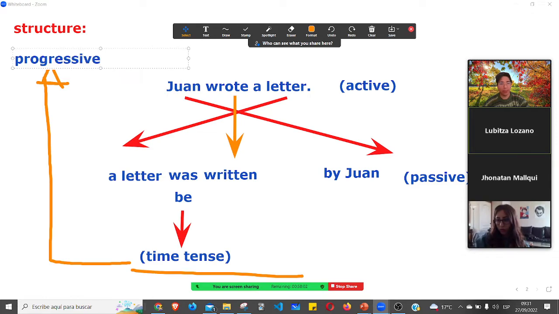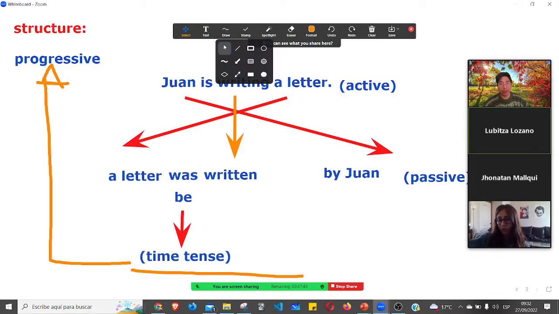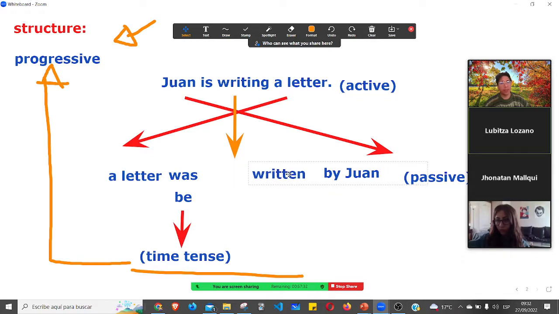The progressive is pretty similar. How do we say this? Juan is writing a letter. This is the active. So now the structure is different because this is not a normal sentence. This is the progressive sentence. So when you have a progressive, you need to add an extra word, and the extra word goes before the main verb.